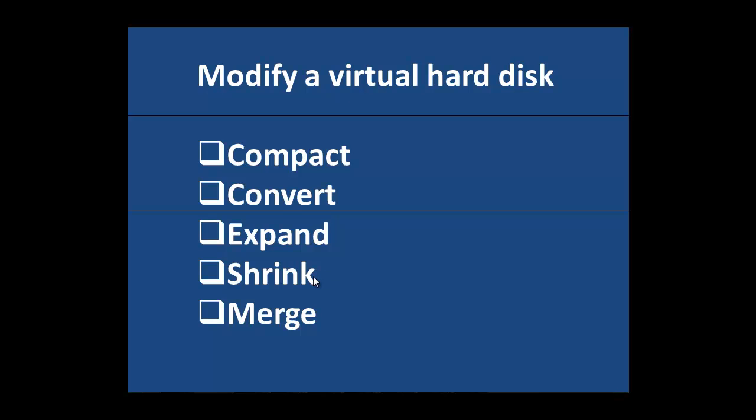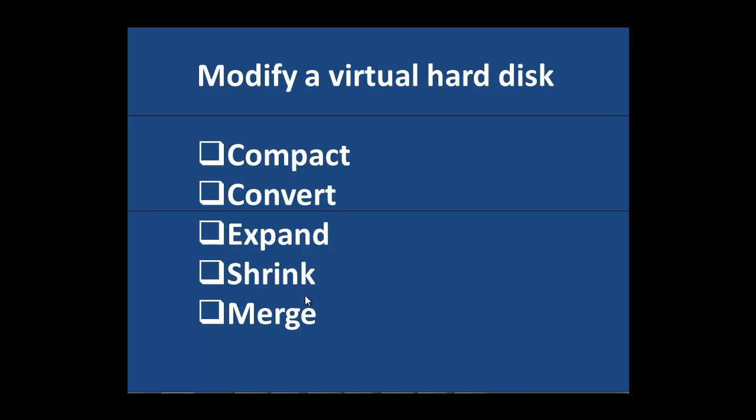When we shrink that file, we reduce the capacity of the disk by deleting empty storage space from the file. When we choose the option to merge, we combine the data on a differencing disk with that of a parent disk to form a single composite image file.